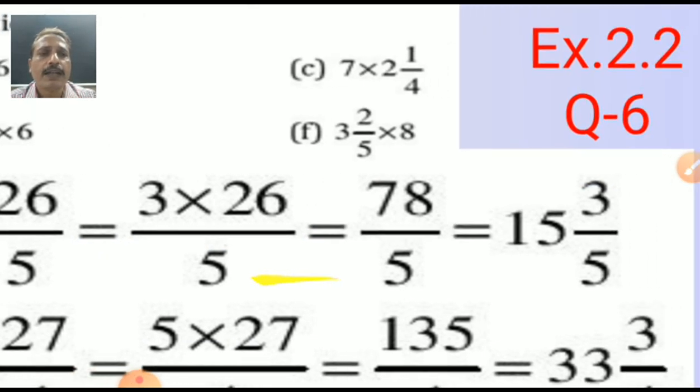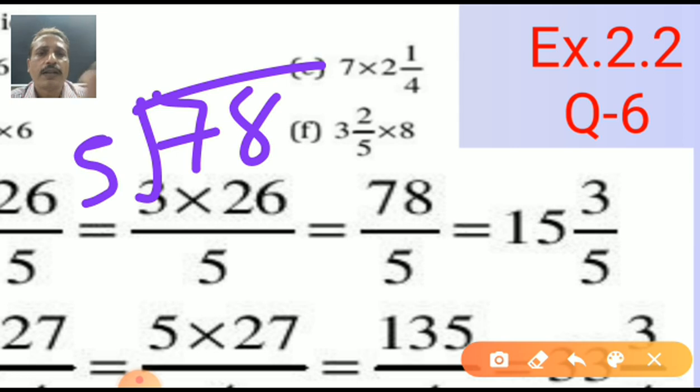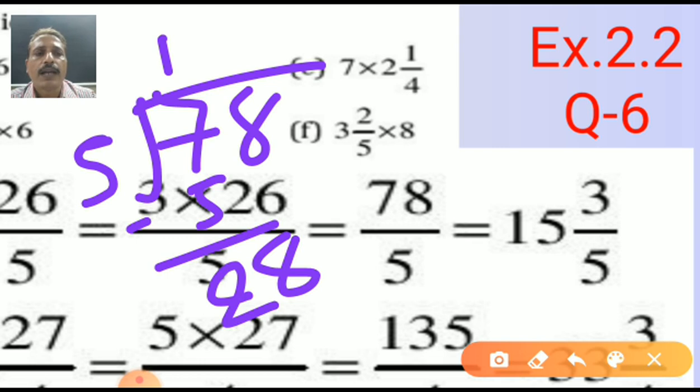How to get 78 upon 5? It's an improper fraction. So you know the method. Once again, for this question we are doing it here. 78 divided by 5, which gives me 5 1s are 5. 2 is left, bringing down 8. And 5 5s are 25, 5 6s are 30 is more than 28.